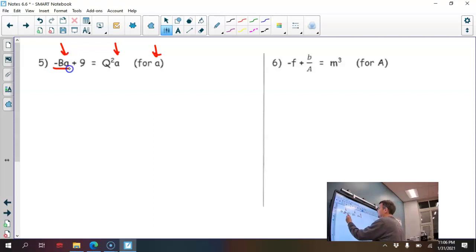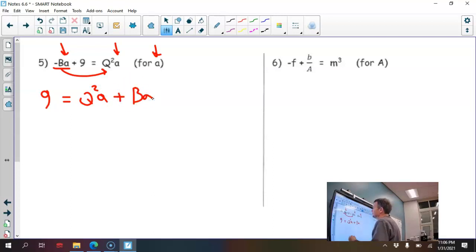So I'm going to take this term and move it over there by adding ba to both sides. If I add ba to both sides, then 9 will be by itself. And on this side, I'll have q² plus ba, right? Because I added ba to both sides, even though I didn't want to show it, I did. There you go. All right.